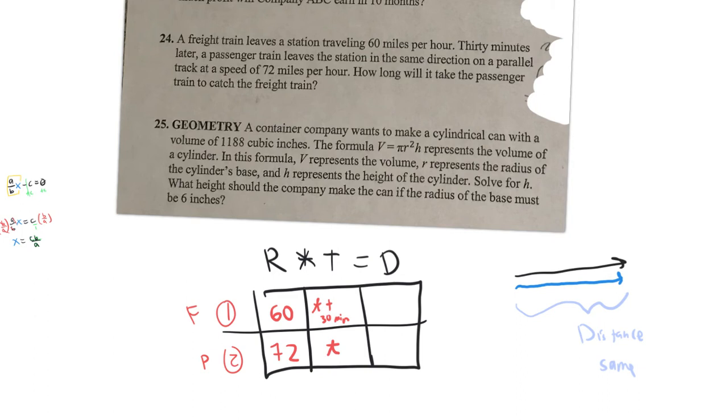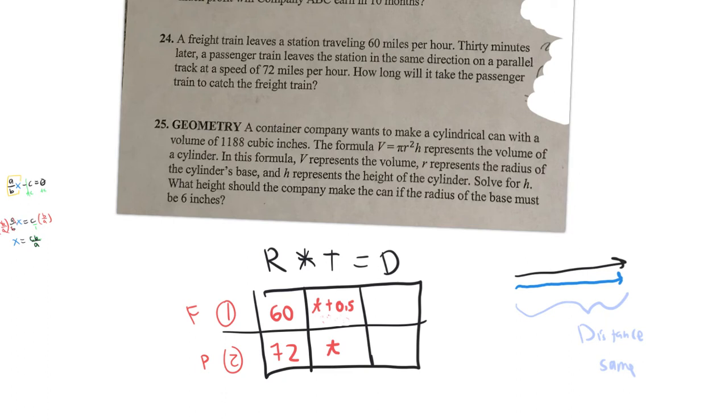You can think of it as 0.5 of an hour, or 1/2 of an hour. So instead of saying t plus 30 minutes, I'm going to say t plus 1/2 or t plus 0.5. All right, hopefully that makes sense.